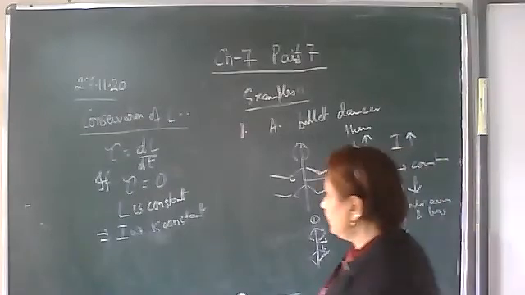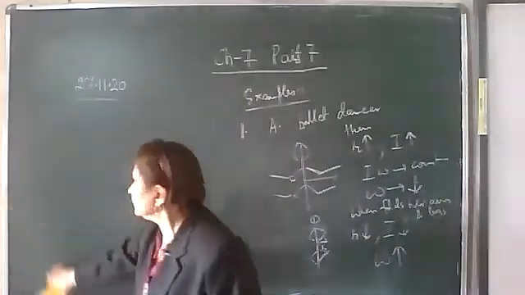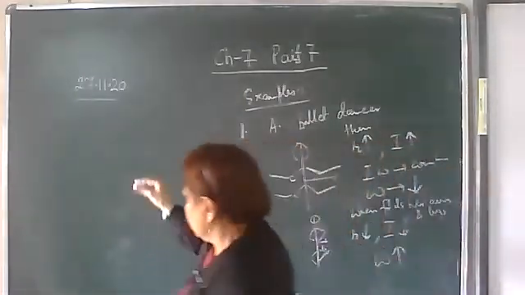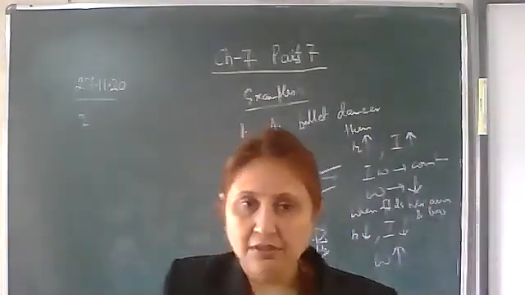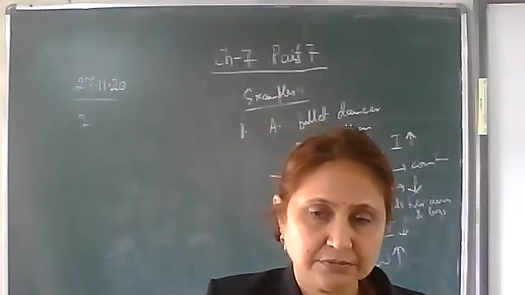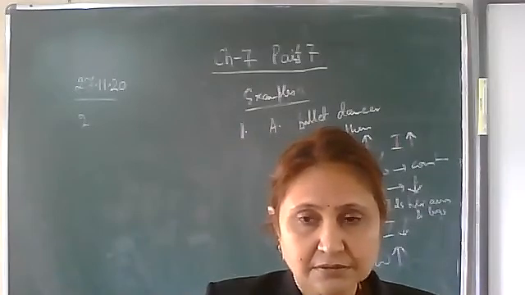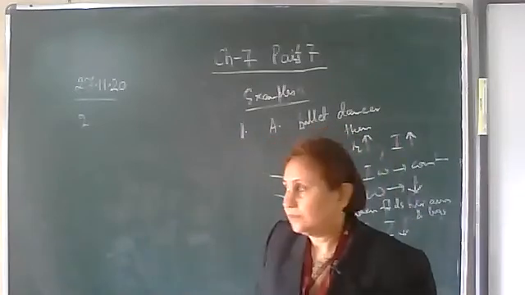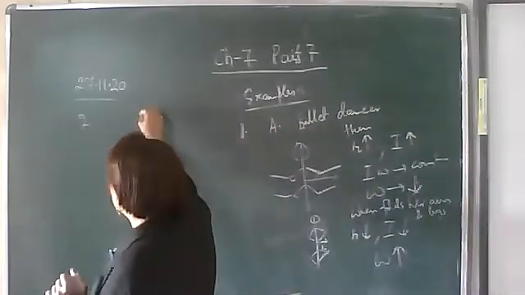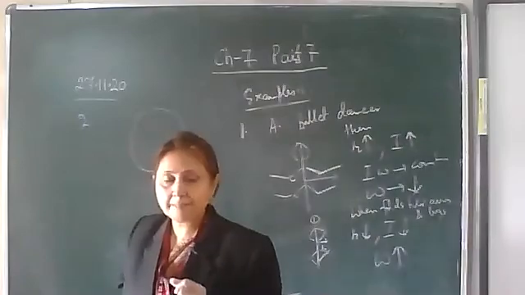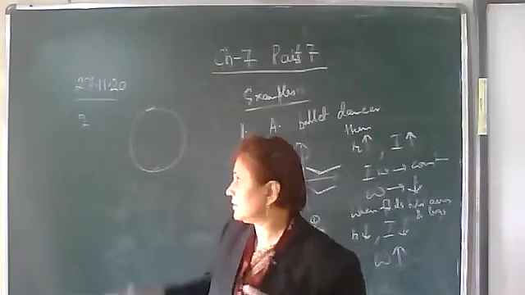Write the second example. If the polar ice cap melts, like from the poles the ice melts, then the equatorial radius increases. First understand it.